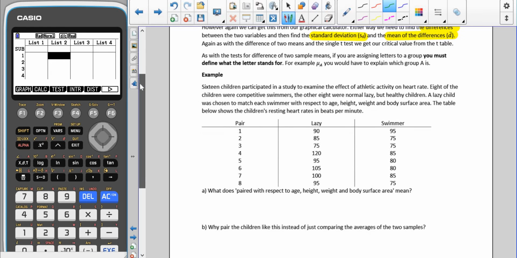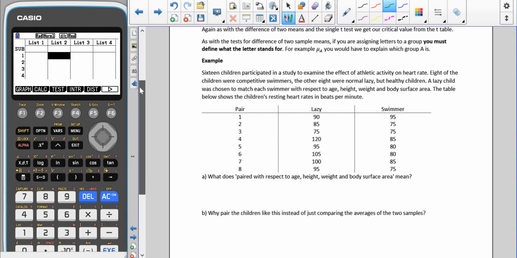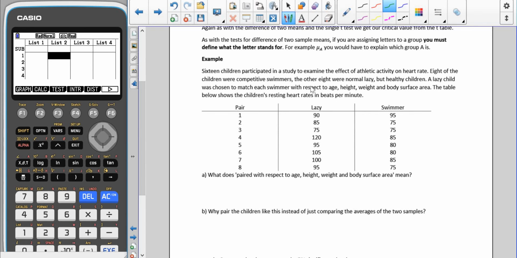So, for our first example, we have 16 children participated in a study to examine the effect of athletic activity on heart rate. 8 of the children were competitive swimmers and the other 8 were normal, lazy and healthy children. A lazy child was chosen to match each swimmer with respect to age, height, weight and body surface area.